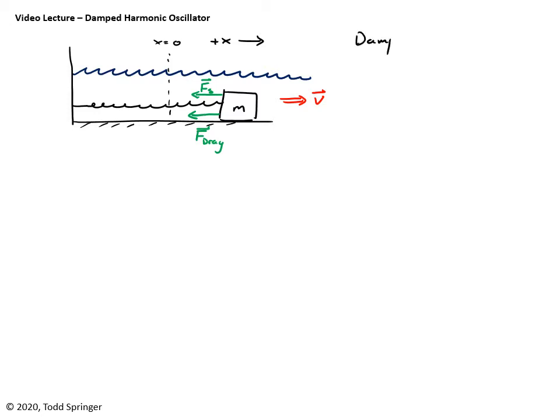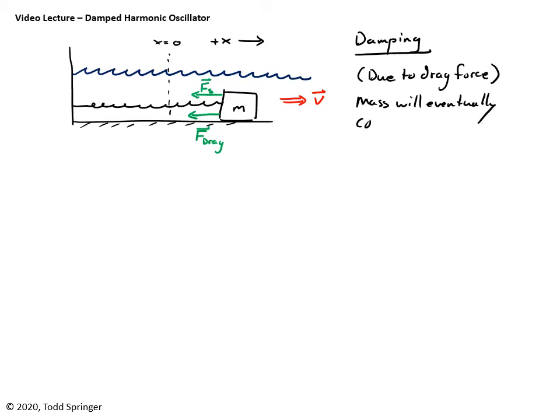Any real mass on a spring in the real world will eventually come to rest, and that's due to the drag force. Now, the exact motion of the mass depends on how strong the damping is.